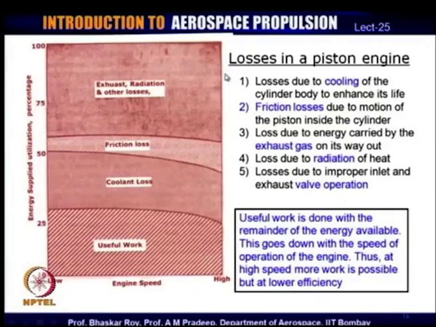So, a good amount of cooling losses actually take place, and as we see in this simple graph, as the engine speed increases from low to high, the cooling losses stay more or less of the same order. The friction losses keep on increasing as the motion of the piston becomes faster and faster, and that is of course easy to understand. This is the mechanical friction.